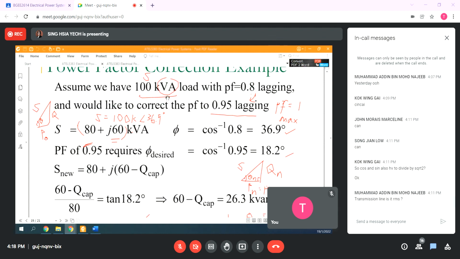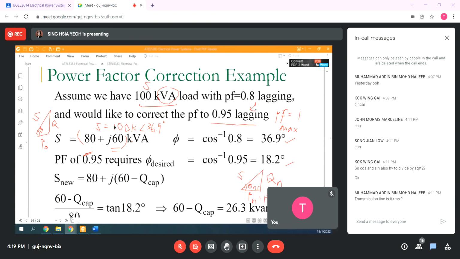Because of the unit: VA means the 100k is S, the complex power. Then from the old power factor, cos inverse of 0.8 equals 36.9 degrees for the angle. So we know S is equal to 100k angle 36.9.